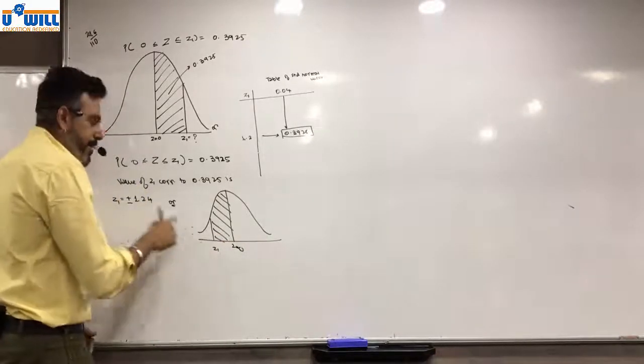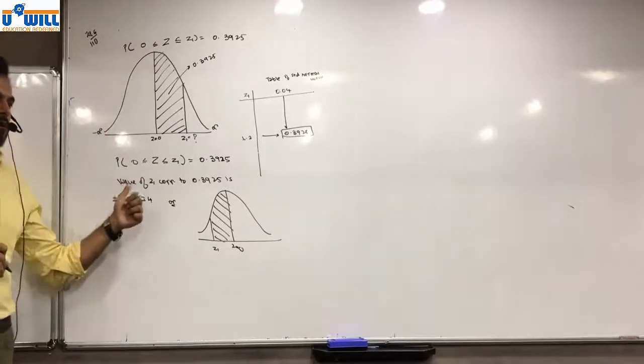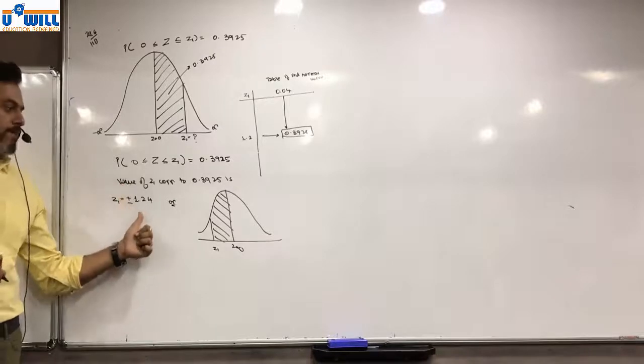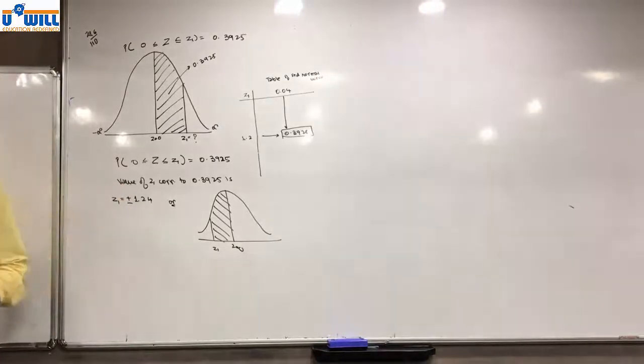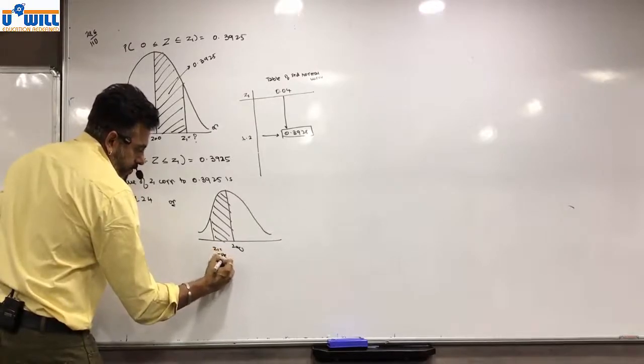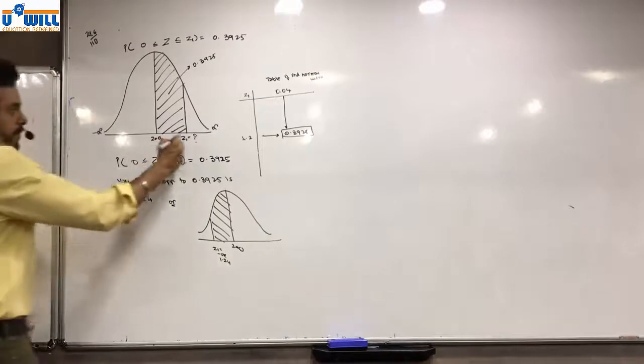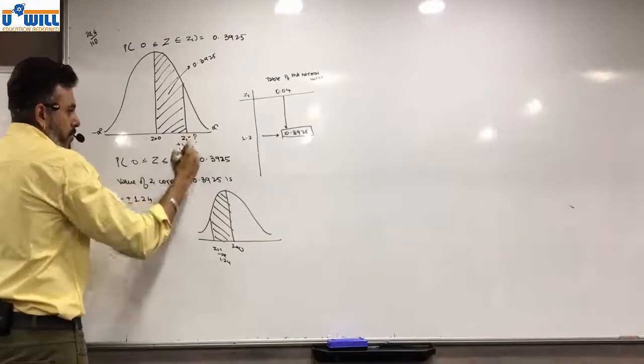So value of Z1 can be plus 1.24 or minus 1.24. Here it will be negative 1.24, and here positive 1.24.